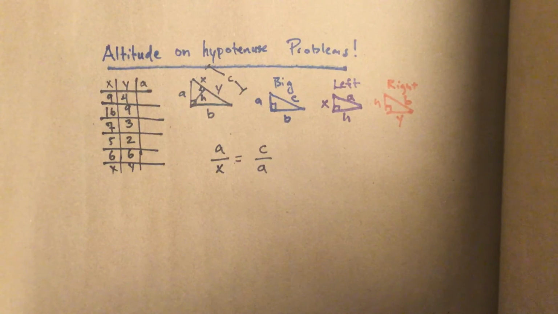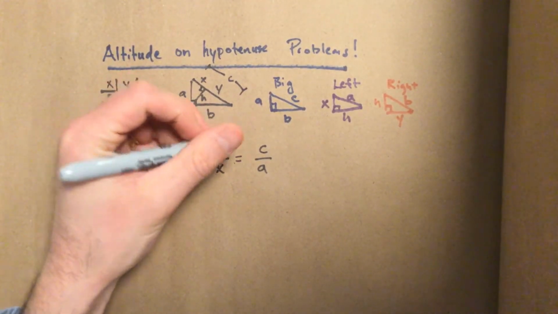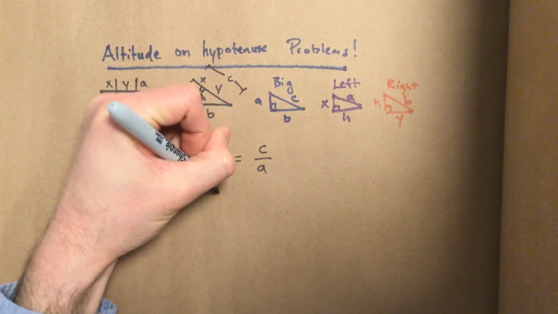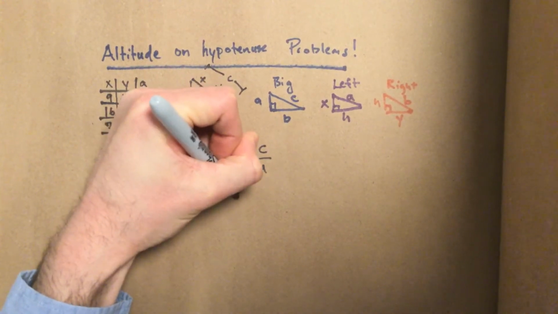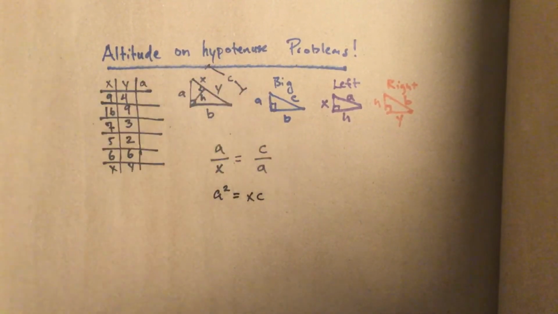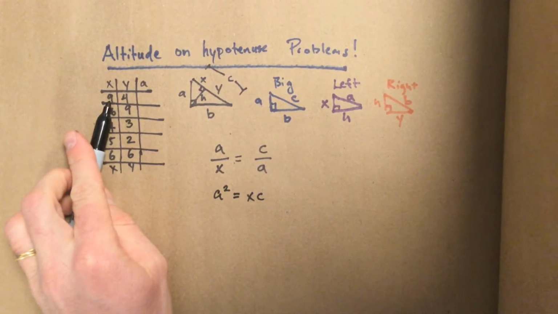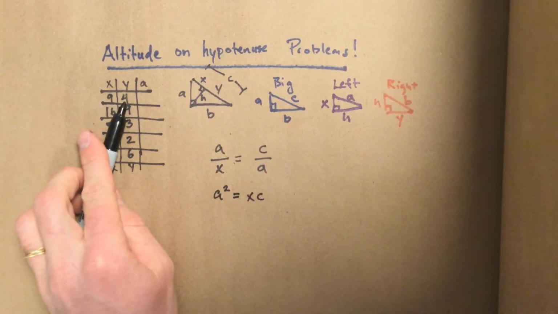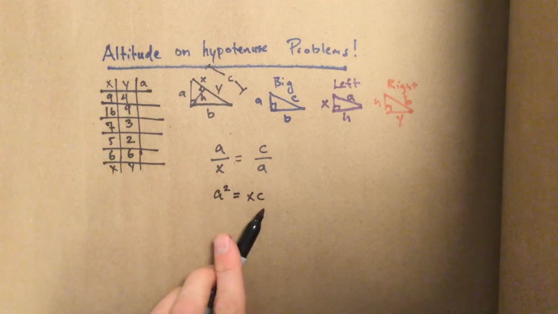Now let's see what happens when we cross multiply. If I cross multiply, we know that a squared is equal to x times c. That's powerful because now I have x and I have y. So because I have x and y, I have c.